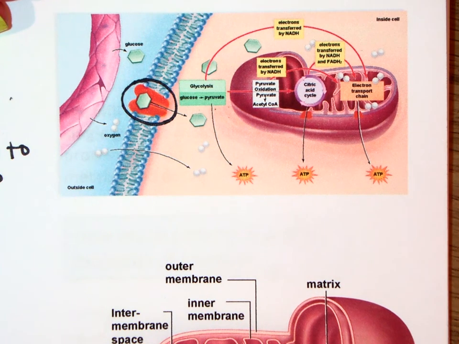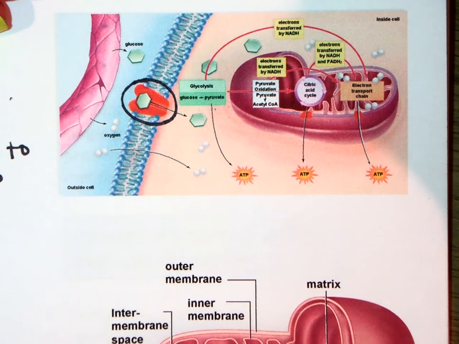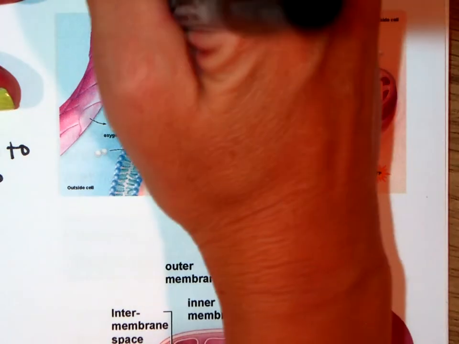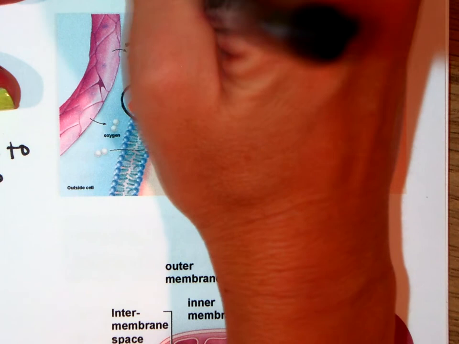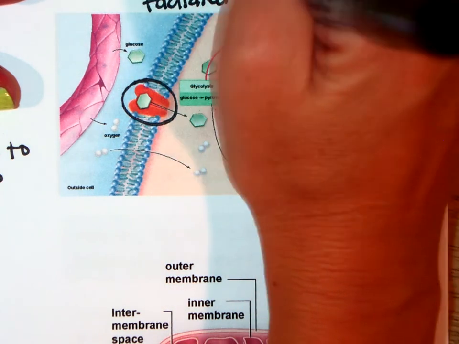So remember, we call that facilitated diffusion. It's going from high to low, but it can't simply just get through the phospholipid bilayer, so it needs this protein helper. I'll just write that up here. Facilitated diffusion.